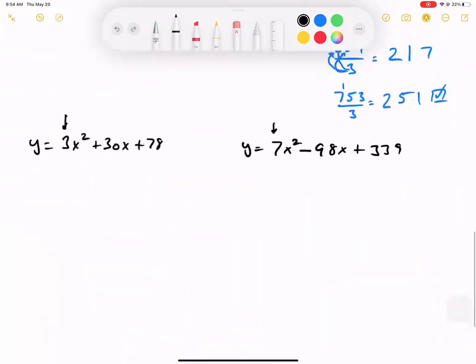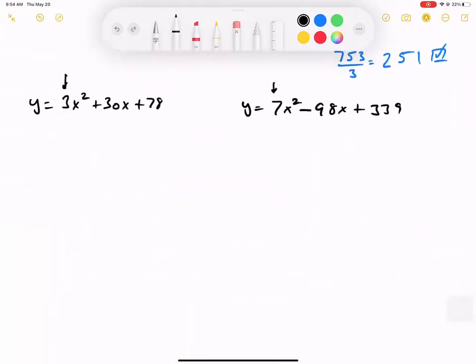If you guys have ever cooked before, it's always nice to have everything prepped, the vegetables chopped, good to go, so you can just start cooking. So we need to prep this because I don't want the 3. First step, we get rid of that 3. We're left with x squared. We're going to take the 3 from the first 2 terms.